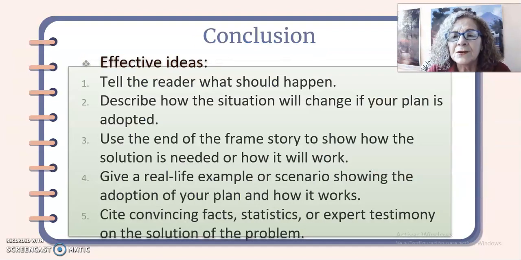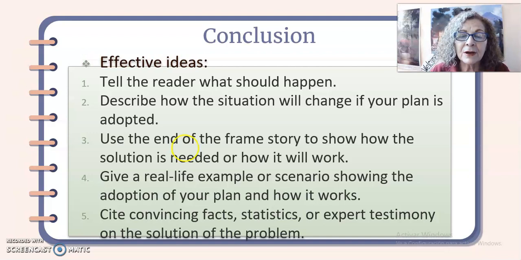Effective ideas for your conclusion. Number one, tell the reader what should happen. Number two, describe how the situation will change if your plan is adopted. Number three, use the end of the framed story to show how the solution is needed or how it will work.